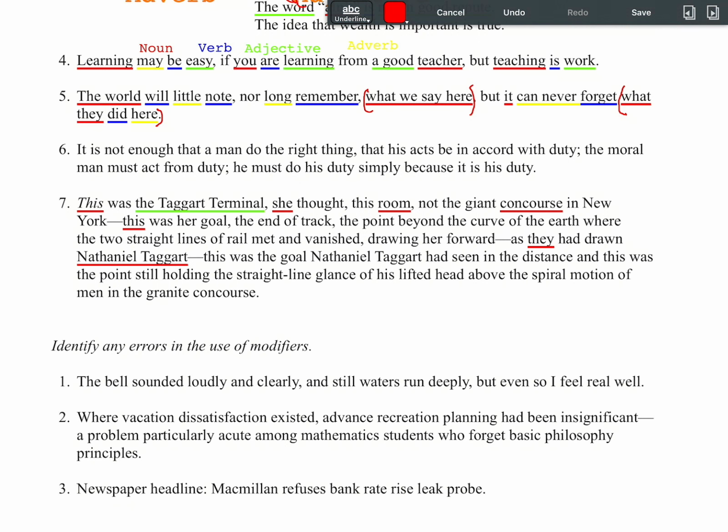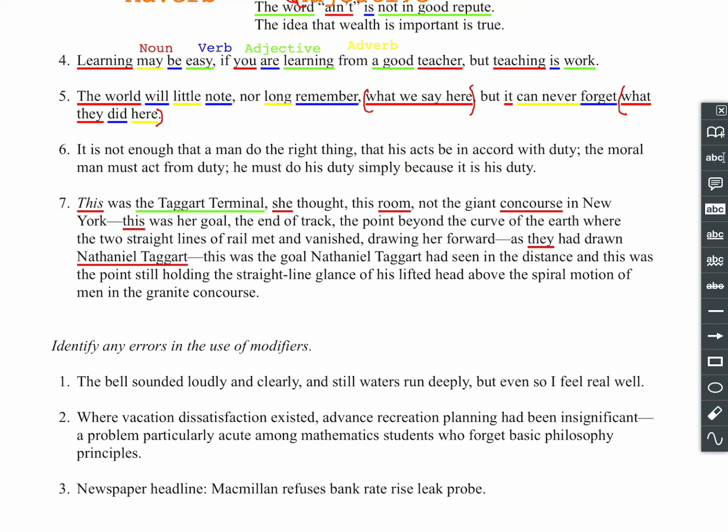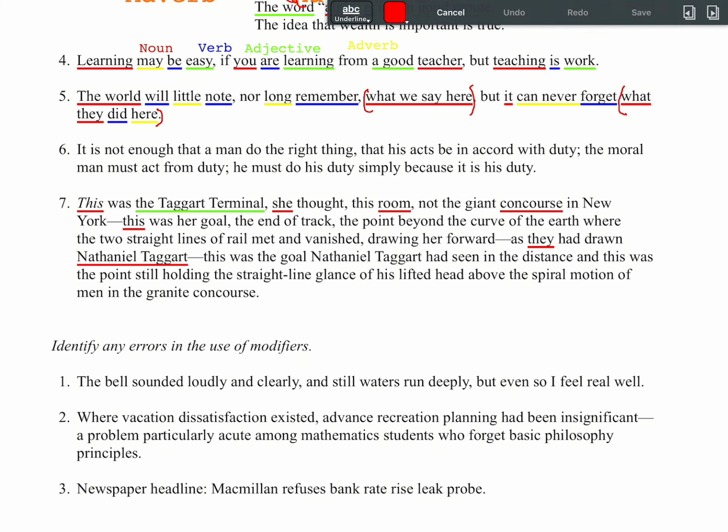This was the goal. Alright, I'll save that so far and go back and fill in some other colors.